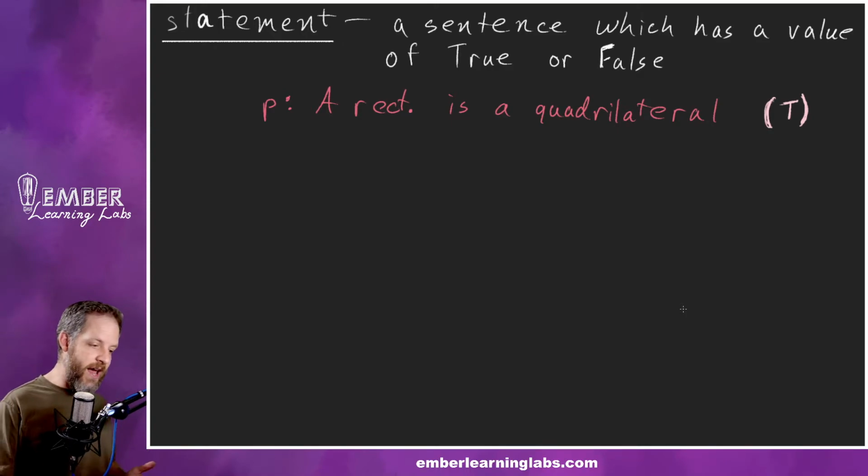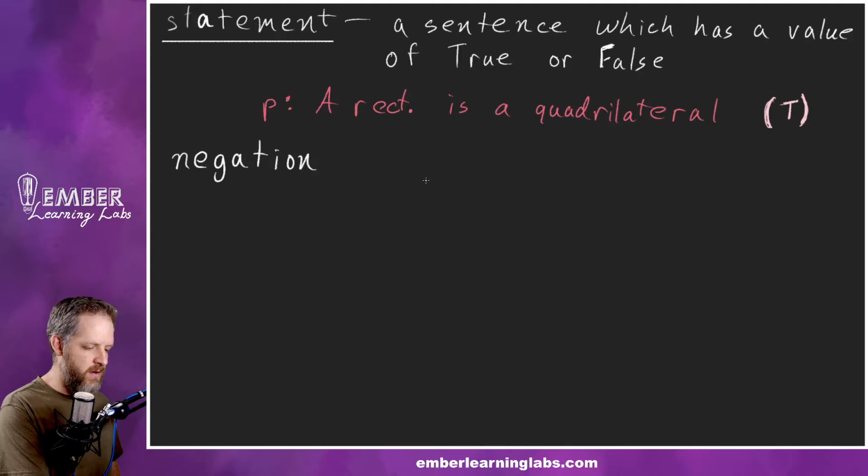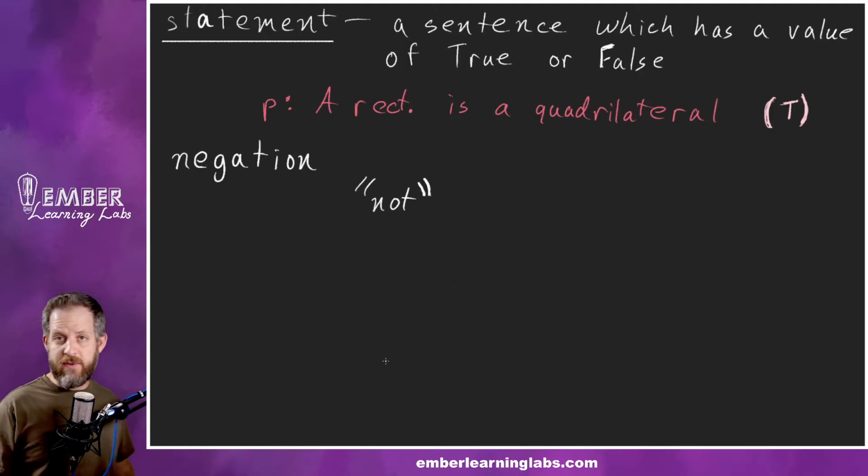Now, we can have the opposite of a statement, and that we call a negation. We say that as not P. You'll see different notations in the textbook, where oftentimes you'll see an exclamation point.